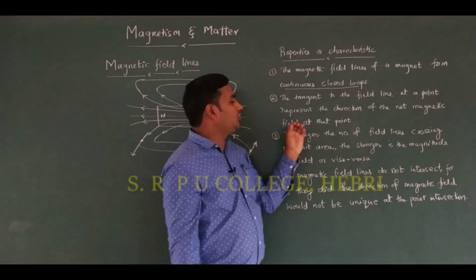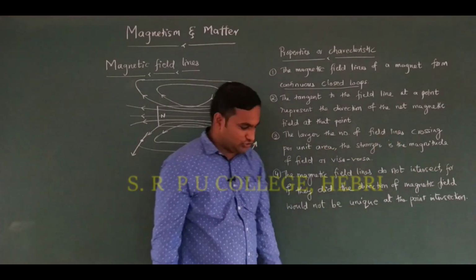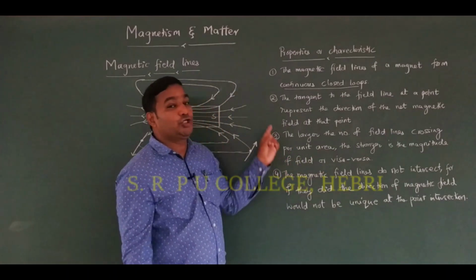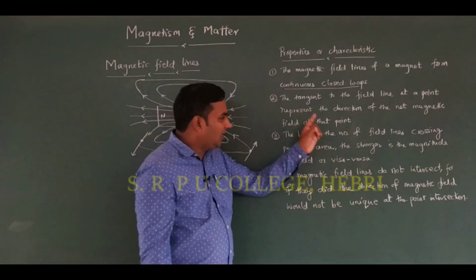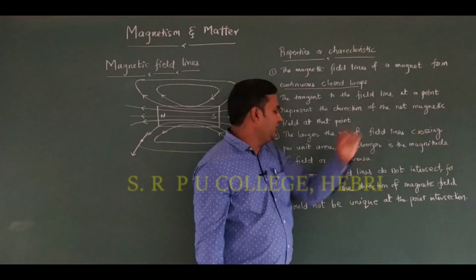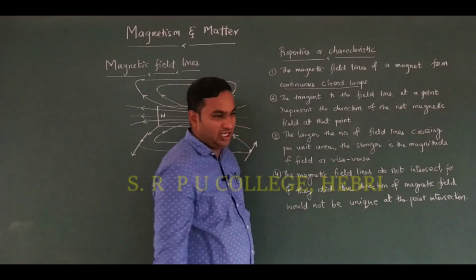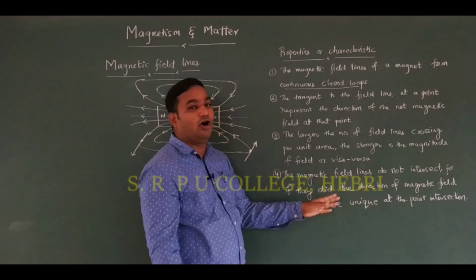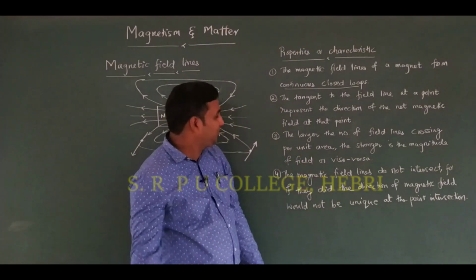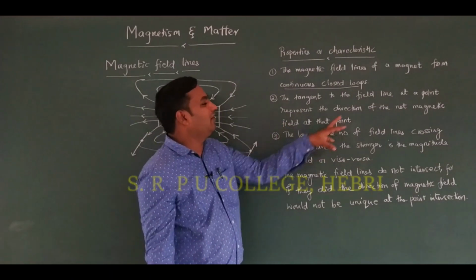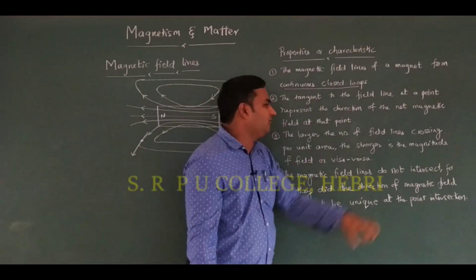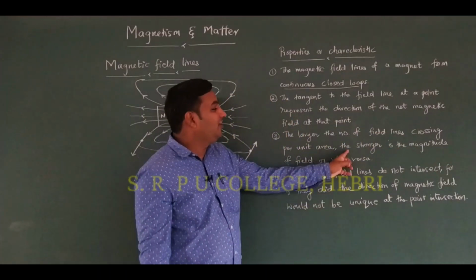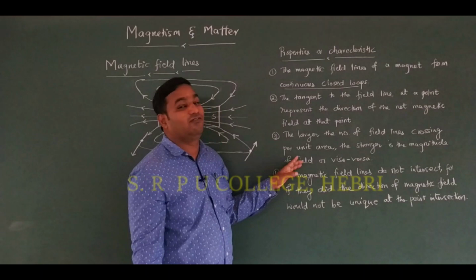The larger the number of field lines crossing per unit area, the stronger is the magnitude of the field, or reverse also. Reverse is nothing but the smaller the number of field lines crossing per unit area, the weaker is the magnitude of the field.